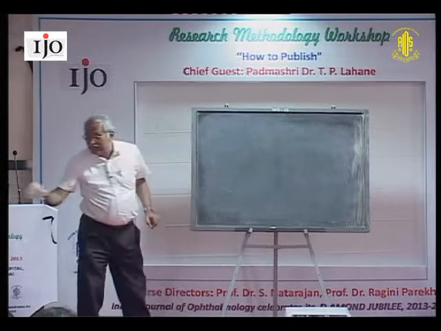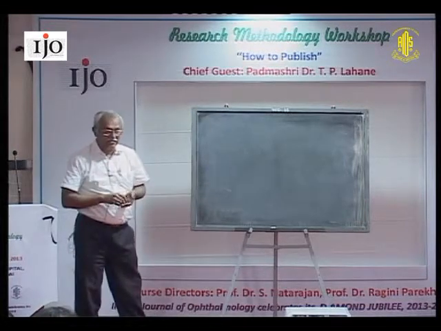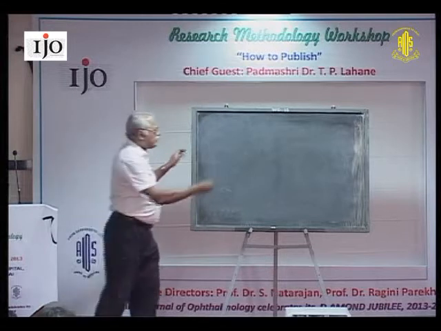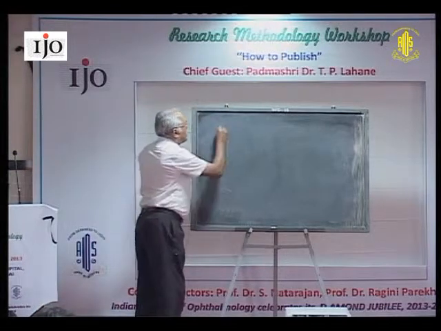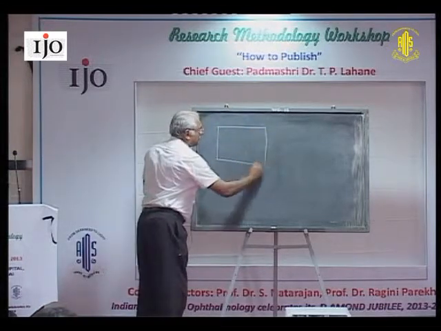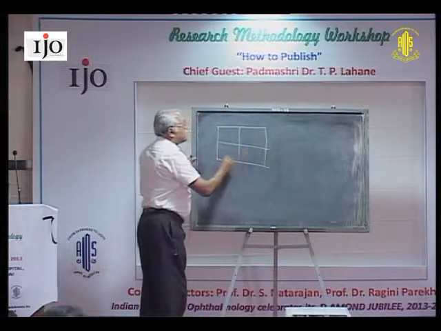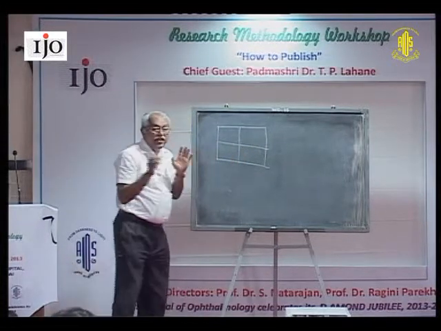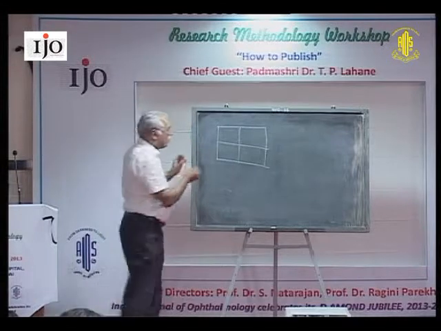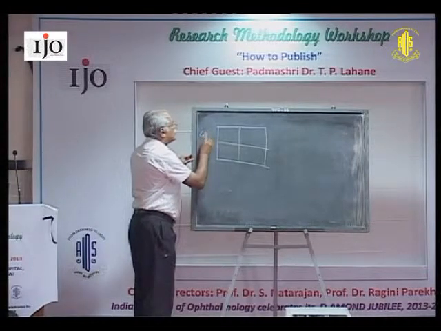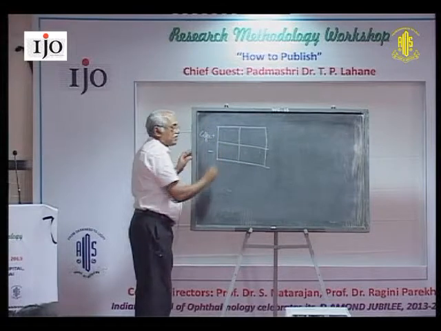To do that, I need to start with a cohort design, which is easy for everybody to understand. I take you to an island. And in this island, I see how many drink coffee, how many don't. So I'm starting with the exposure factor, coffee plus minus.